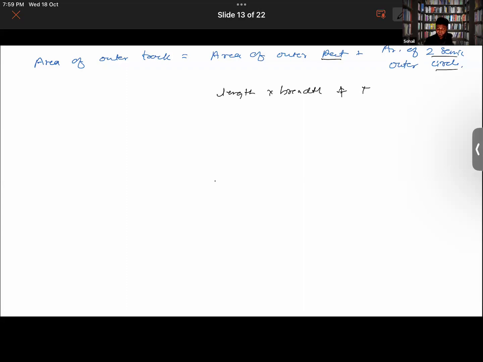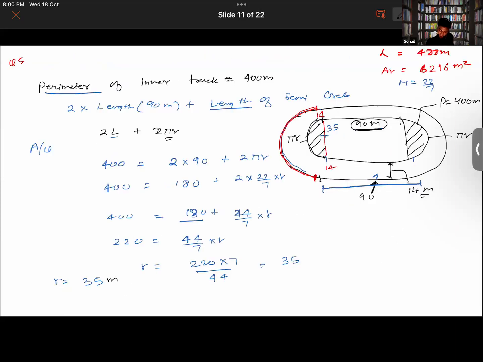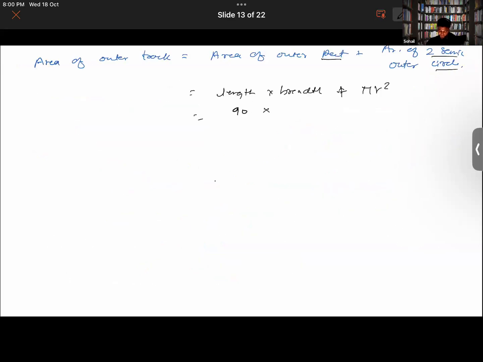Length and breadth of outer rectangle: length is going to be 90, and the breadth, 35 plus 28 plus 35, has to be 98. So it's going to be 90 multiplied by 98, plus pi r square.